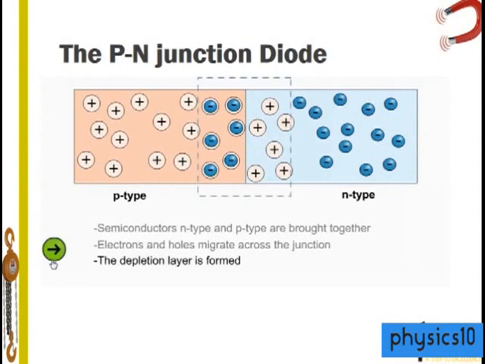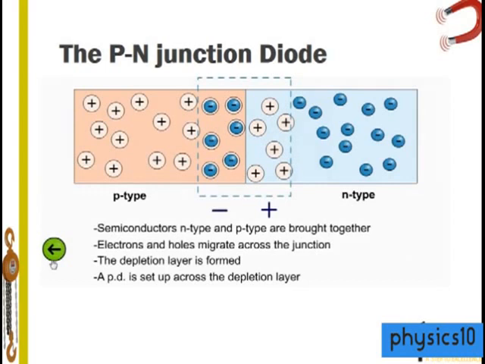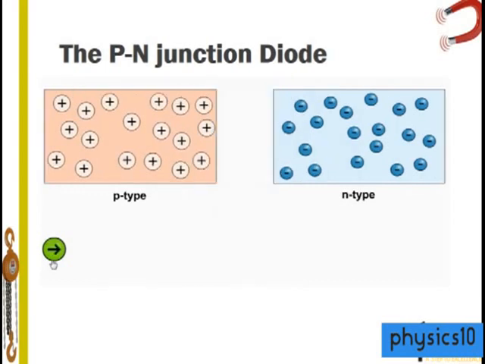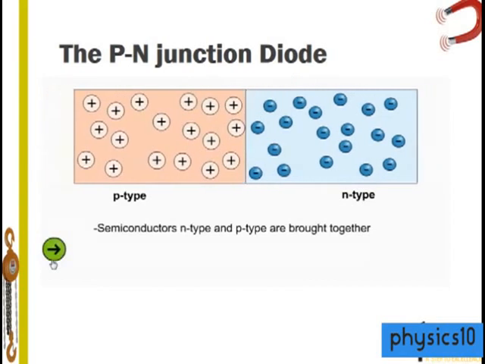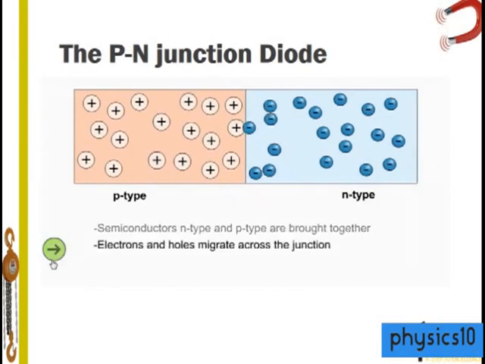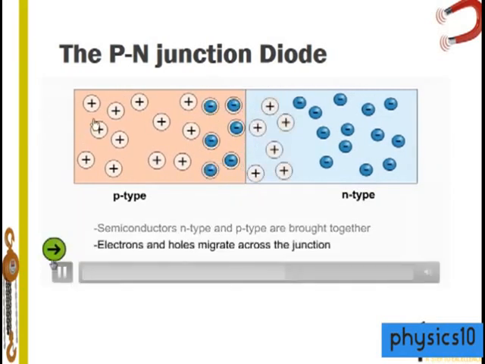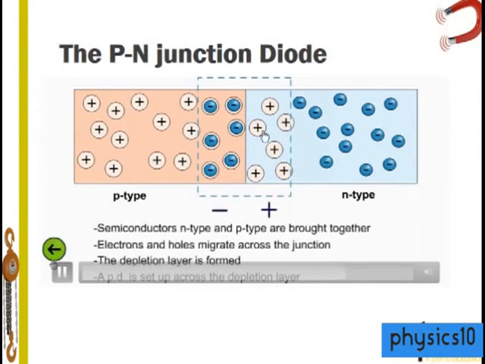So here you can see the migration of the electrons from the N side to the P side. So we now have a buildup of electrons on the P-type side near the junction. You can see that happening again here. And you can also see there's a buildup of positive holes on the N side.